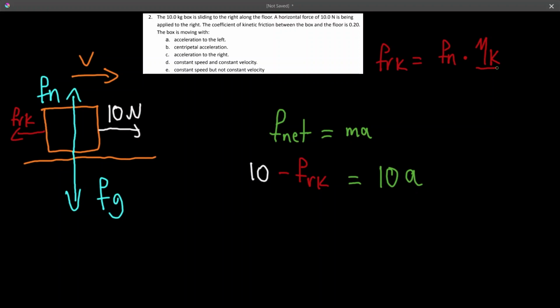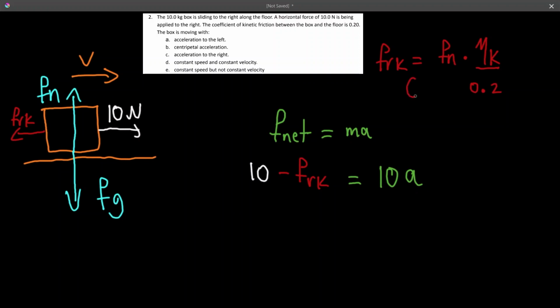The coefficient of kinetic friction is given. It's 0.2. And as for the normal force, if you look at the free body diagram, it's not moving on the y-axis, right? So the normal force is equivalent to the gravitational force, or the weight of this object.